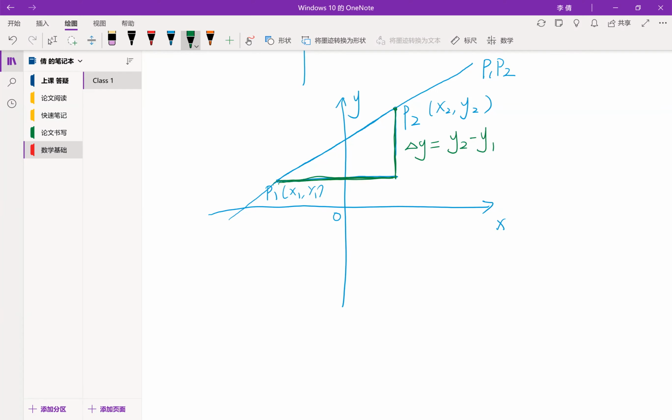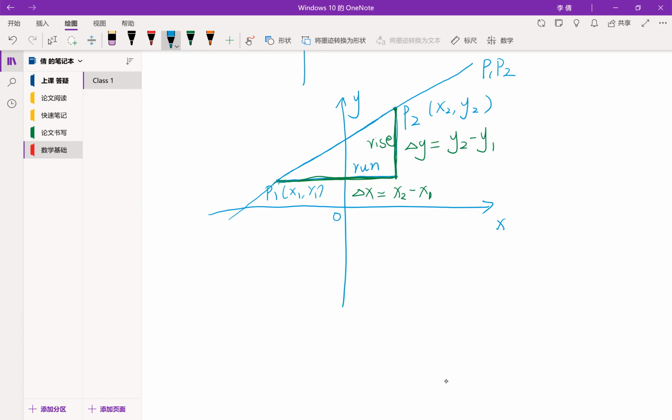This horizontal segment is delta x, and delta x is equal to x sub 2 minus x sub 1. We call this the run, and this the rise.